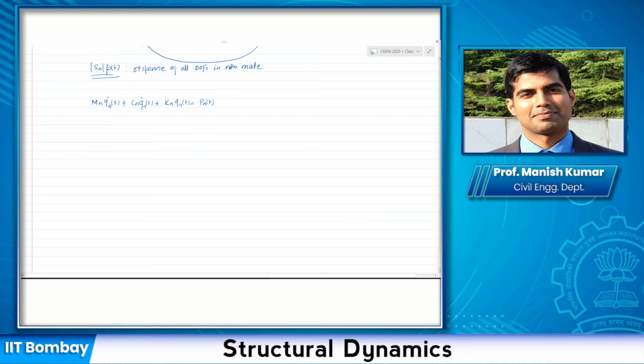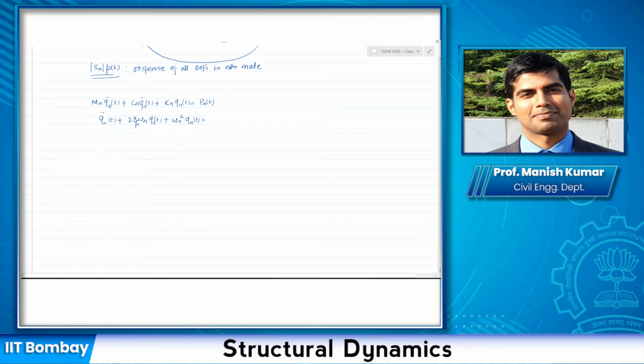Okay, now I can divide it by mn, so that this would be q̈n(t), and this becomes 2 zeta_n omega_n q̇n(t) plus omega_n square qn(t).